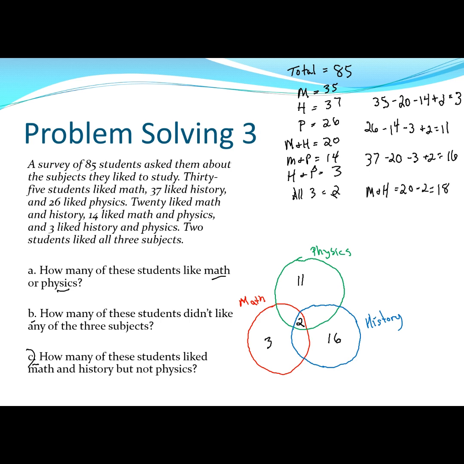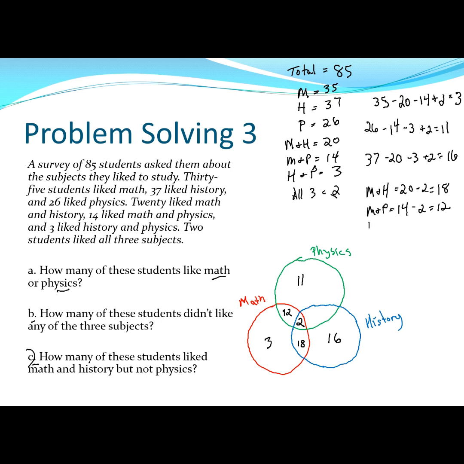So for math and history, we're going to put 18 in this slot. For math and physics, we know 14 liked math and physics. We need to subtract 2, and that's going to give us 12. So for math and physics right here, we're going to put 12.